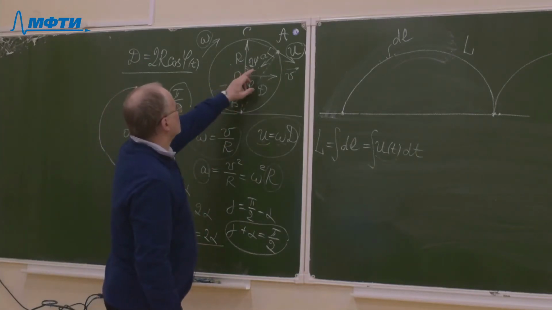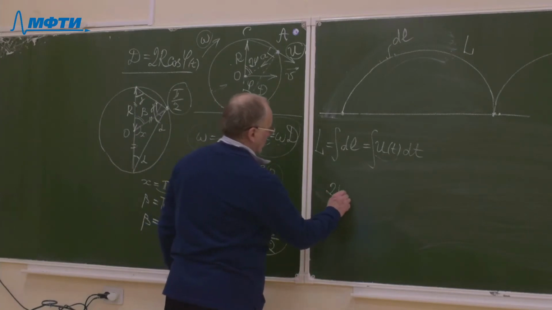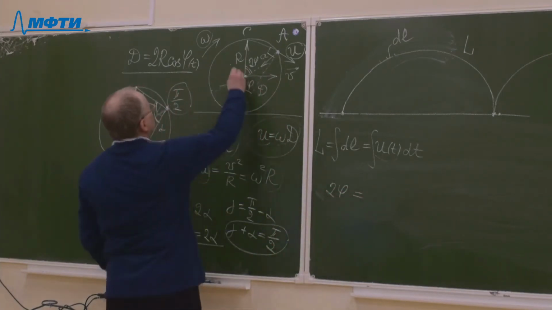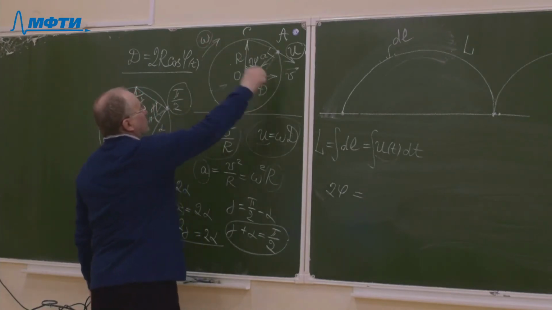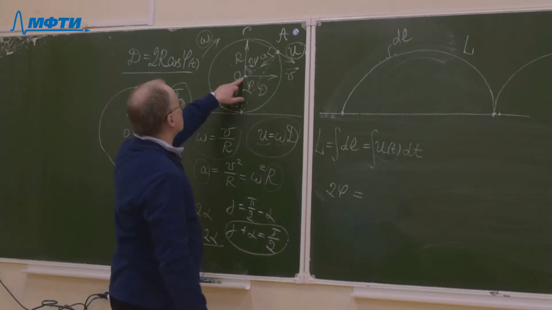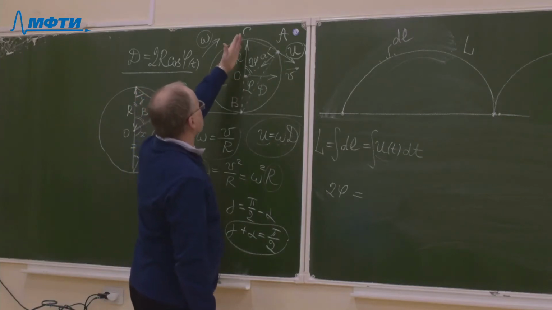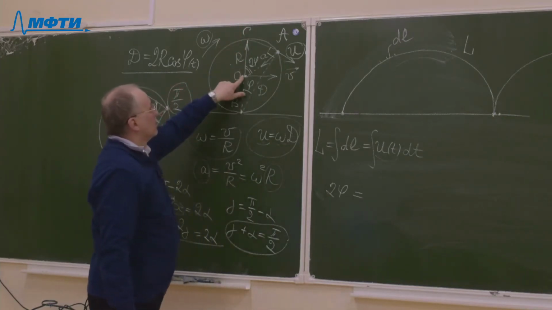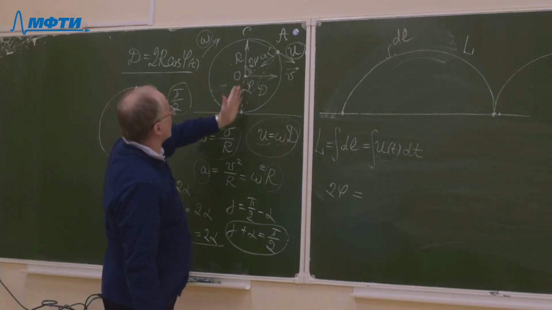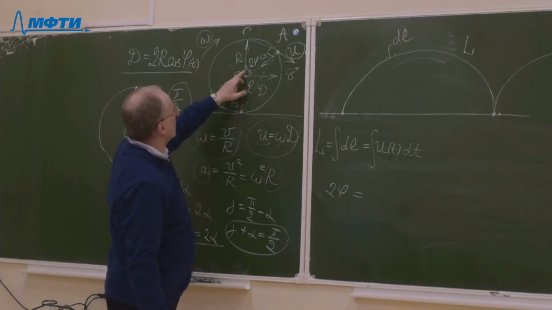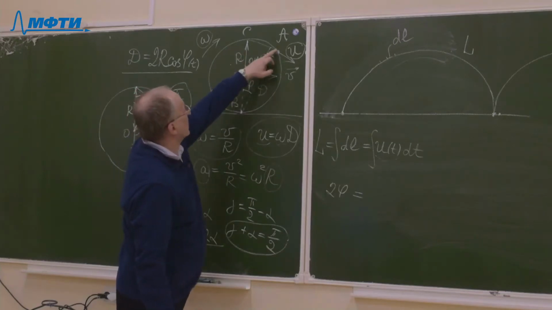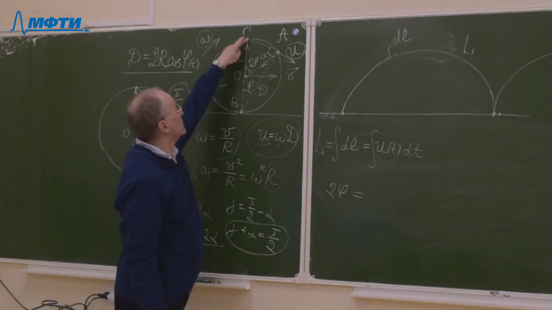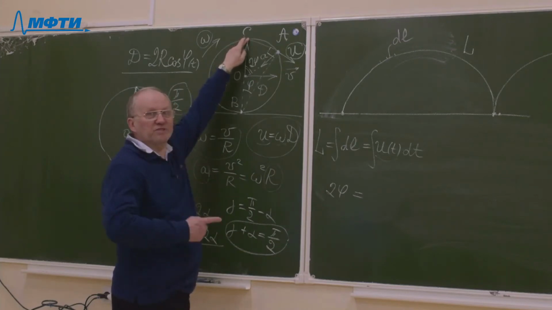And the angle 2 phi as a function of time can easily be expressed using the angular velocity of rotation of this wheel. If I take, for example, the vertical direction as the reference direction, so when point A is at the uppermost position in point C, I will consider this moment of time as 0.